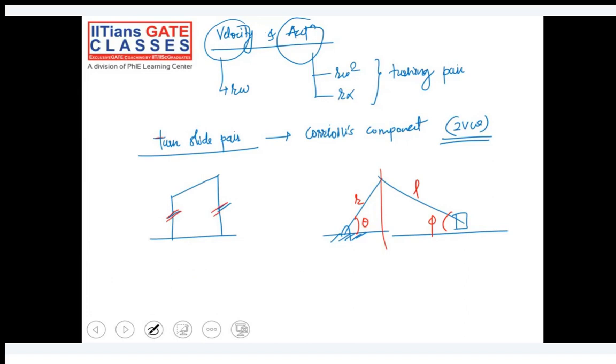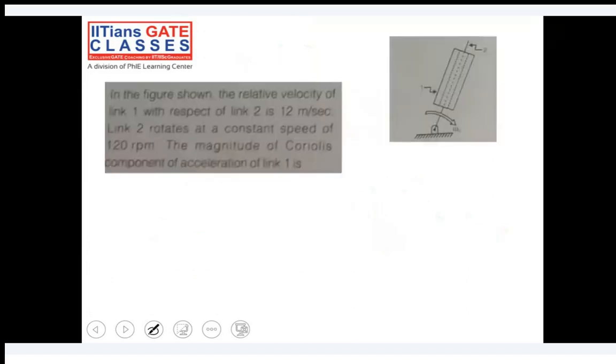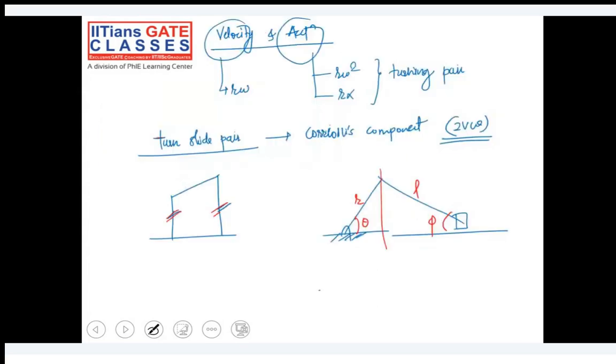We have also studied how to draw the velocity triangle for the inversion, and then we have studied the instantaneous center method also to calculate the velocity. That was the last point, I guess. Instantaneous center method.